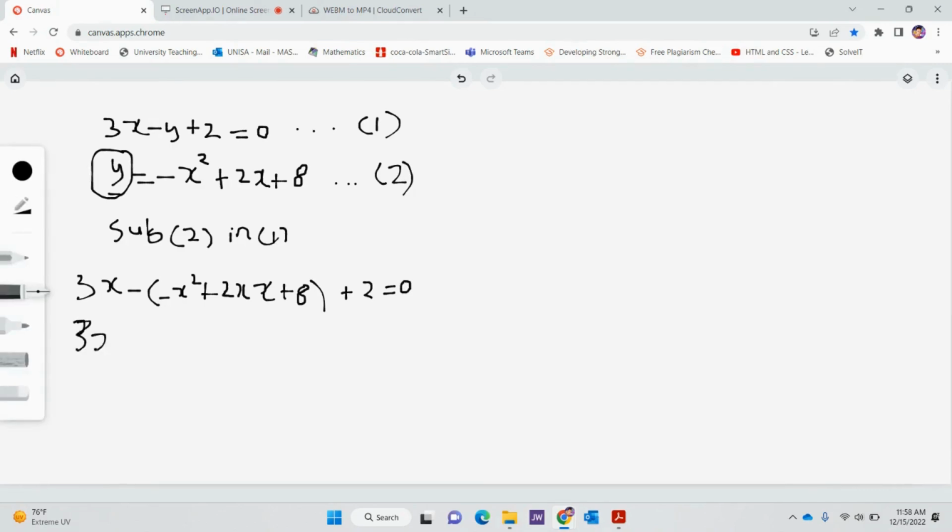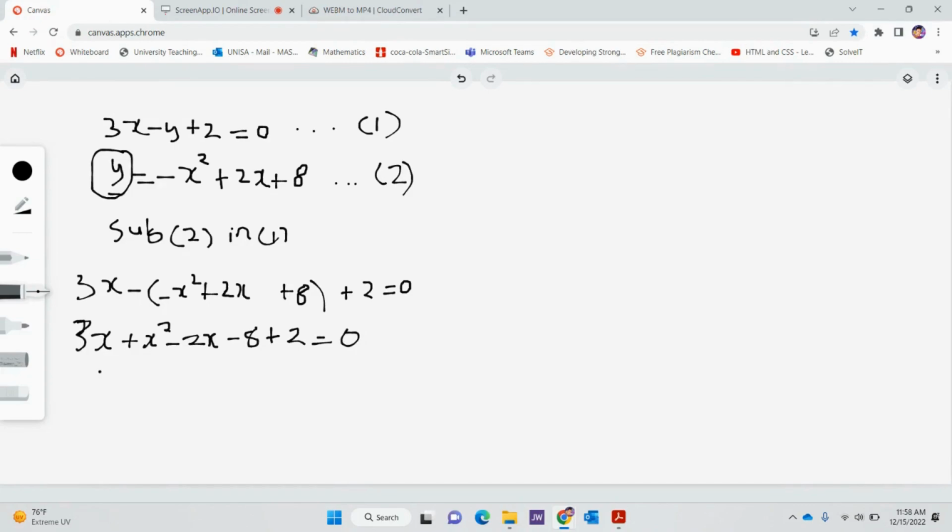So we have 3x. Negative times negative x squared will be plus x squared. Negative times positive 2x is going to give us minus 2x, and then negative times positive 8 will give us minus 8. We have plus 2, and this is equals to 0.